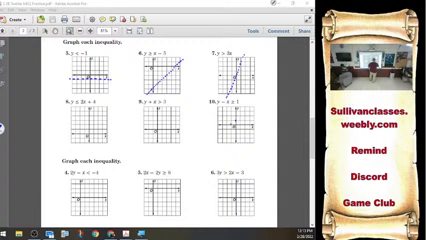Y1. Why are those dotted? Oh, that one will be solid.